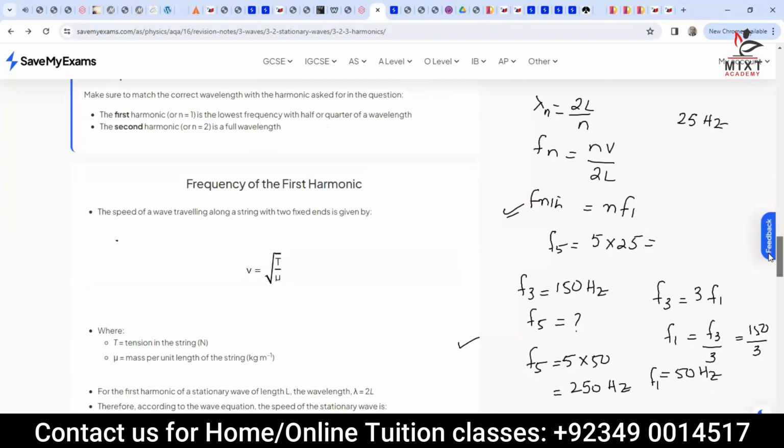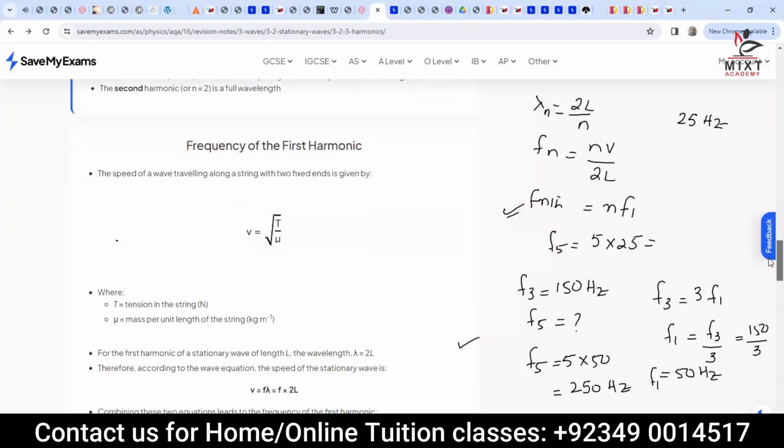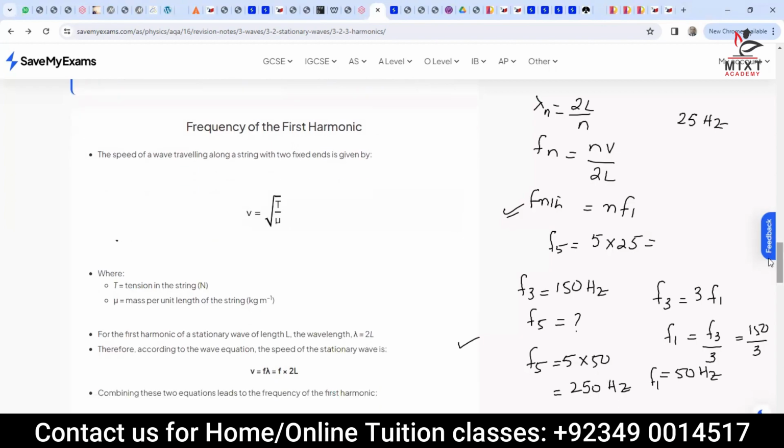Okay, there is one more type of formula in here. This is the formula for the speed of a wave traveling along a string with two fixed points. In this case, the velocity will be given as V equal to root of tension upon mu. This is T, this is mu.